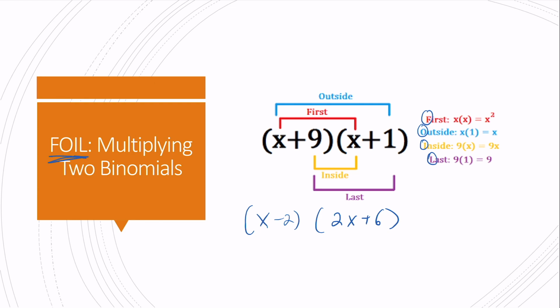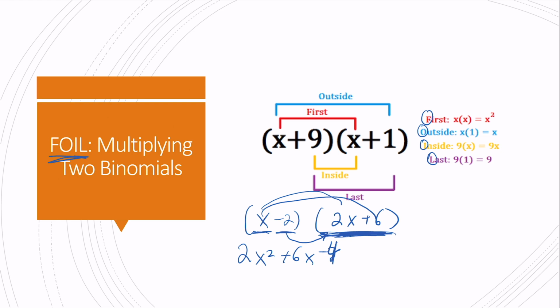So I know that this means I need my entire second polynomial multiplied by x and my entire second polynomial multiplied by negative 2. So I first take x times 2x and then x times 6. Then I move to my constant. I have negative 2 times 2x.